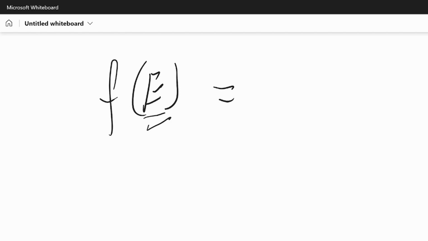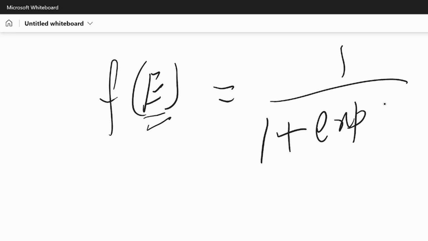It is given by the Fermi-Dirac distribution: f(E) is equal to 1 plus exponential of (E minus EF) divided by kT.